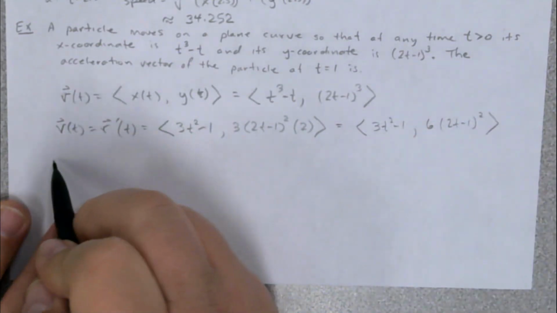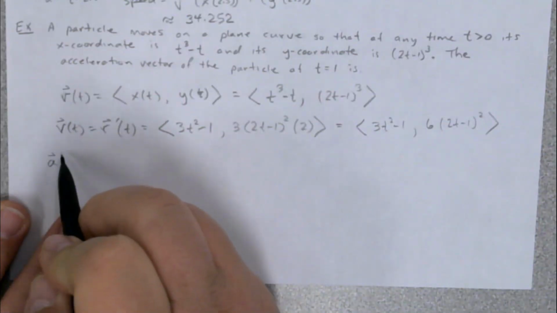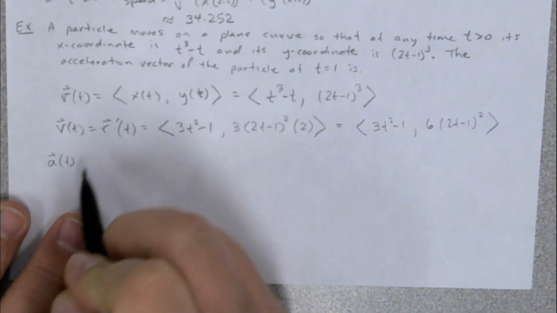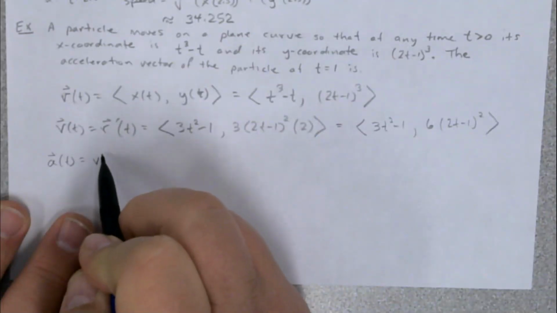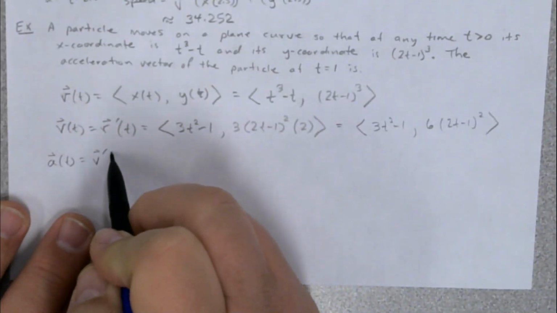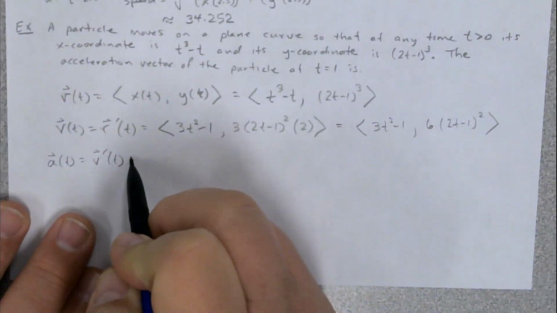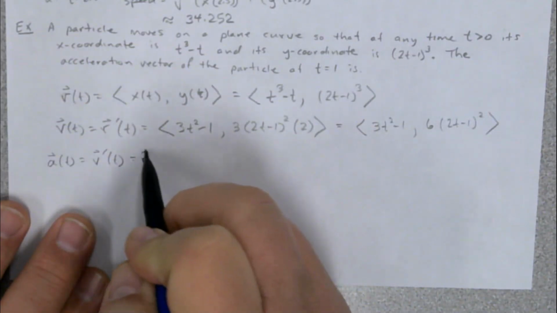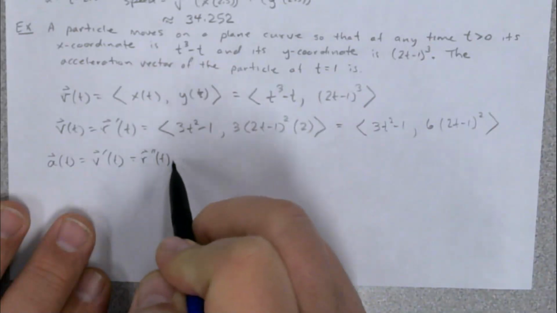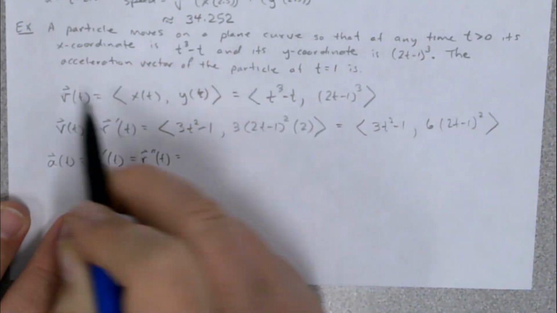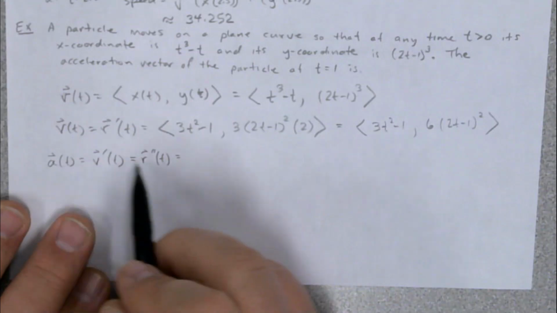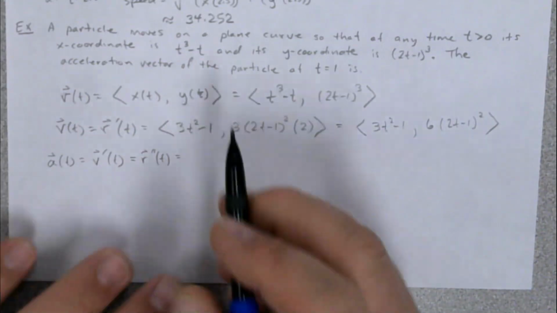And now we can find the acceleration vector, which is the derivative of the velocity vector, which is the second derivative of the position vector. Since you started with r, you should kind of tie it all together like this. It doesn't hurt to do it.